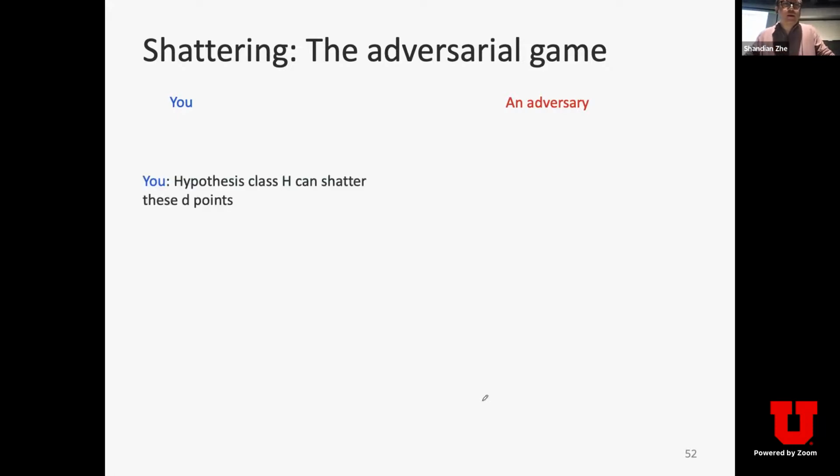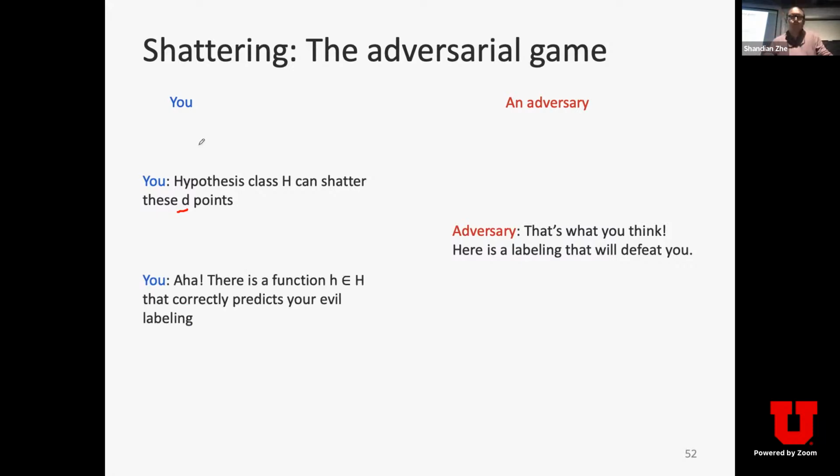You want to claim that your hypothesis class H can shatter these D points. And the adversary says, okay, that's what you think. I'm going to challenge you with my secret labeling scheme. I show this to you and it will defeat you. And then you just look at your hypothesis library and find one which can predict that evil labeling.